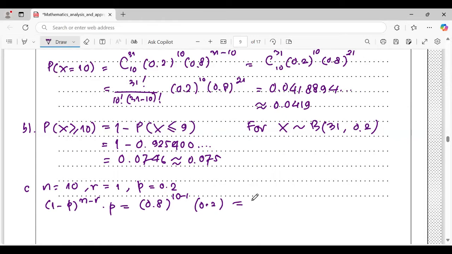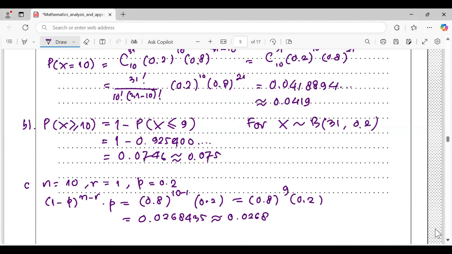It becomes 0.8 power 9 times 0.2, and the result is 0.0268435, which approximately becomes 0.0268. That is the number 6.